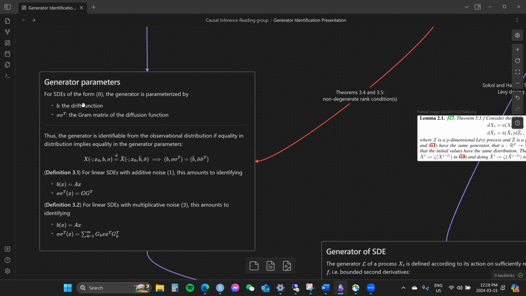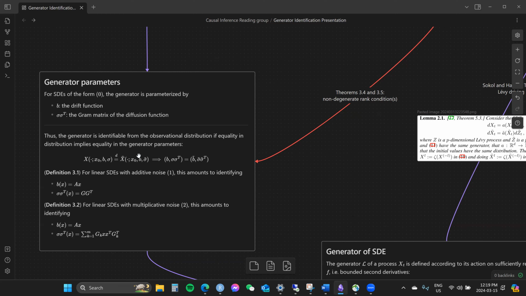And it can be identified if you have an SDE of the form with a drift function and a diffusion function. It's not identified exactly by these terms, because of the way variance or covariance scales, you can only identify up to sigma transpose, not sigma. So as long as the Gram matrix is the same for two diffusion functions, you'll get the same generator. And this will also be made explicitly clear by the definition.